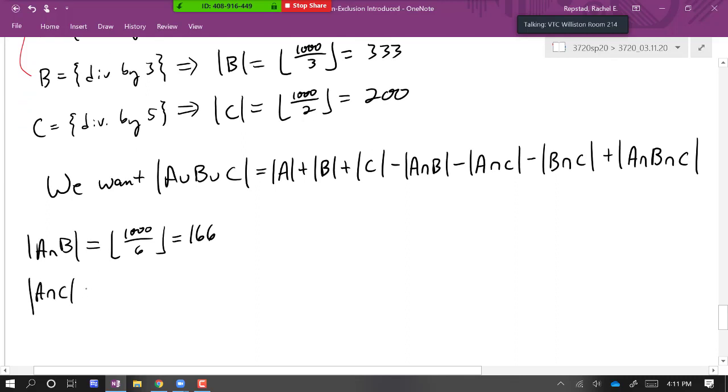A intersect C has to be divisible by 2 and 5, so we'll divide by 10. And B intersect C are the integers divisible by 3 and 5, which means it's divisible by 15.